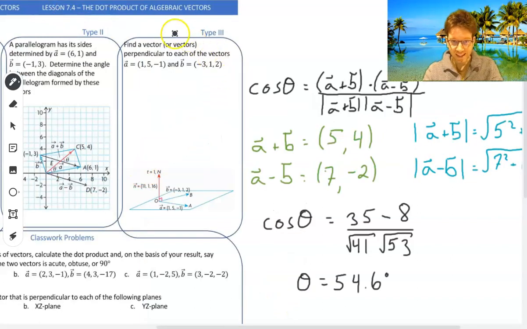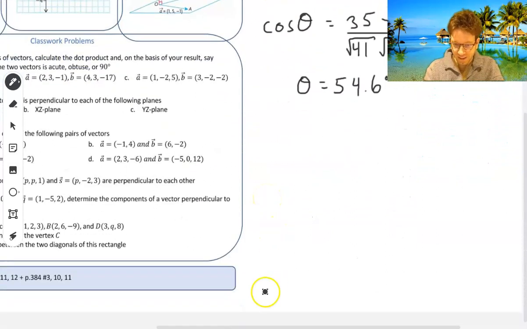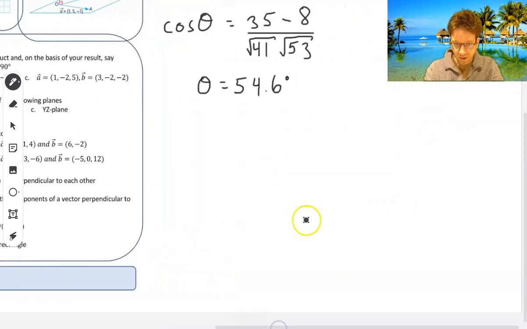All right, our last example says find a vector or vectors perpendicular to each of the vectors A and B. Okay. Well, we don't know what this vector is. I'm going to go down here. So I'll rewrite what vectors A and B are.